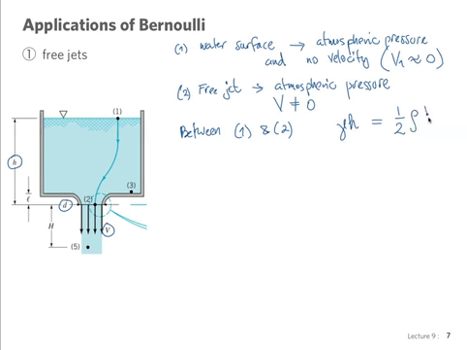Both static pressures are atmospheric. So rho g h equals 1/2 rho v squared. P1 equals P2, v1 equals 0. We put our z coordinates starting from there, so z2 equals 0.